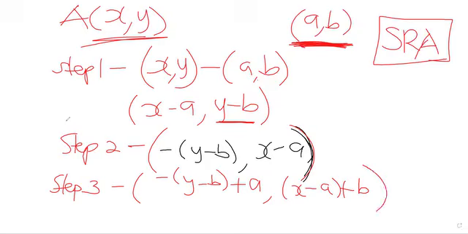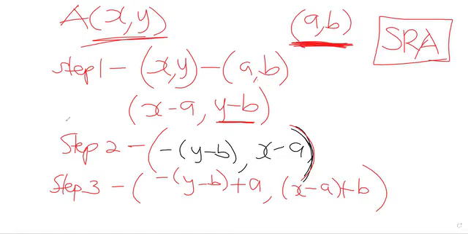And that will be your answer. Then you would have to plot that particular point as the result of SRA. So step one, subtract. Step two, rotate. Step three, add. Let me use numbers. Using letters, I know it's confusing some of you by now.